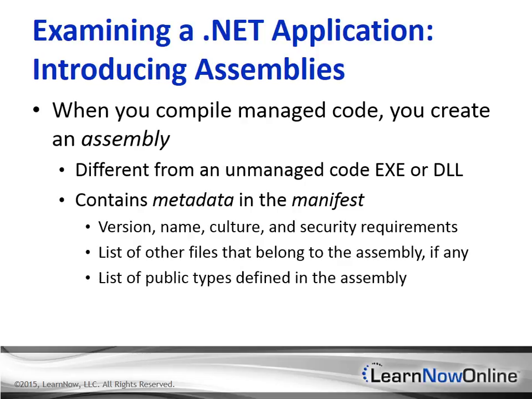It'll have a list of the public types defined in the assembly, and it'll have a list of external references that the assembly requires in order to run. So these are things that the Common Language Runtime, when you run your code, needs in order to load it into memory and execute it. Later on, I'll investigate the contents of an assembly using the .NET Framework tool ildasm.exe.